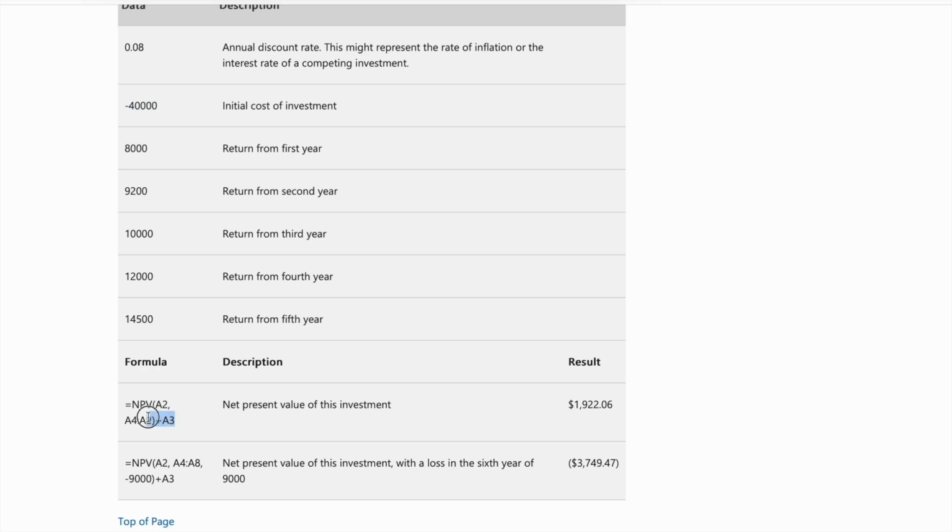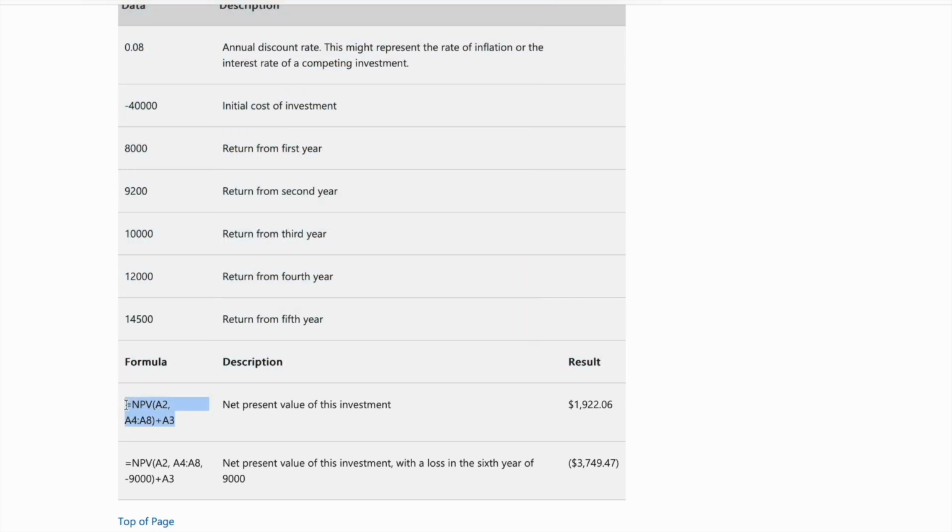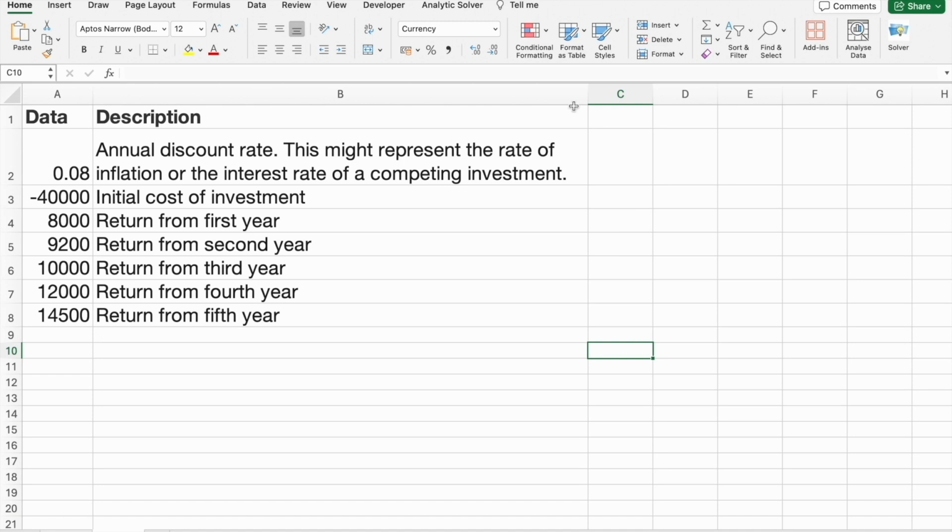So that means we are just adding it. Okay. And you can see the net present value for this investment is 1,922.06.